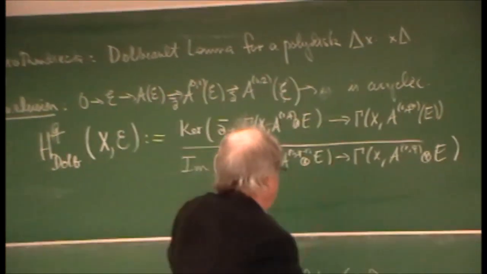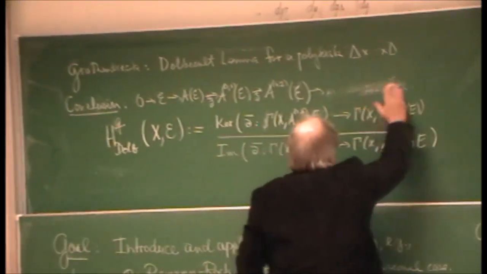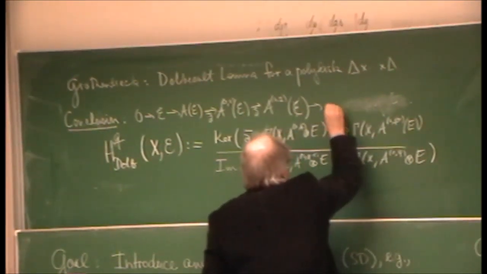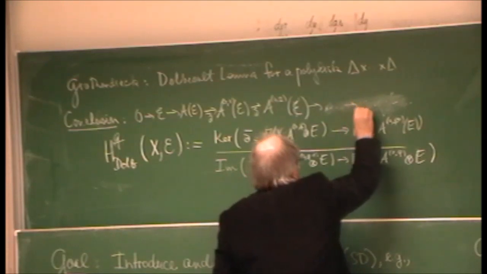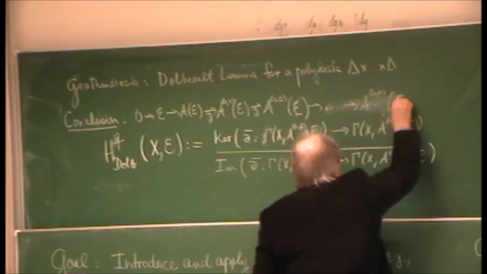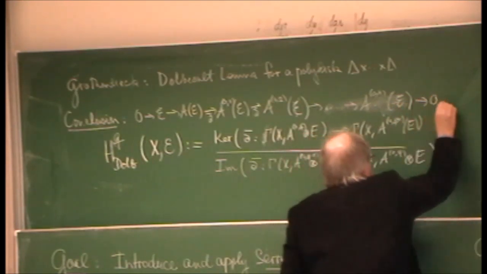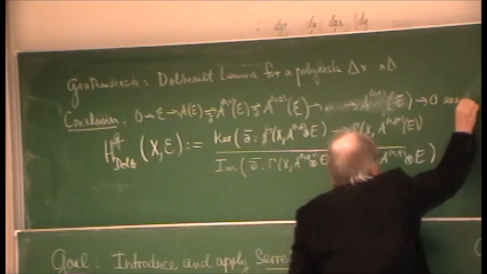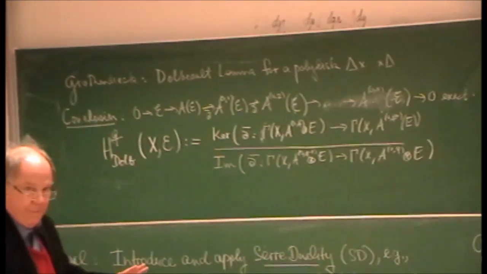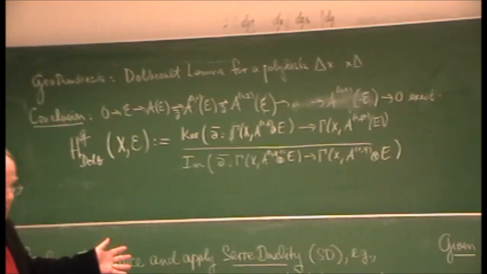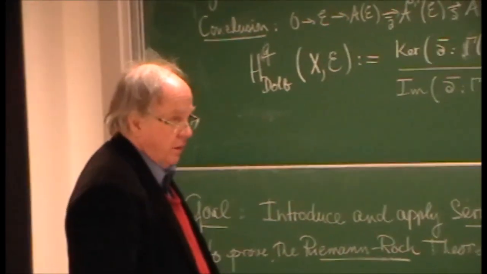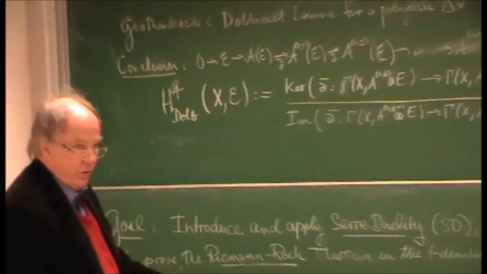It is acyclic, but this is not what I wanted to say at this stage of the game. I'm terribly sorry. This is an exact sequence of sheaves. Okay. That's all I proved. The Dolbeault lemma says locally given a closed form, it's exact. Right, that's the Poincaré lemma for the d-bar operator.